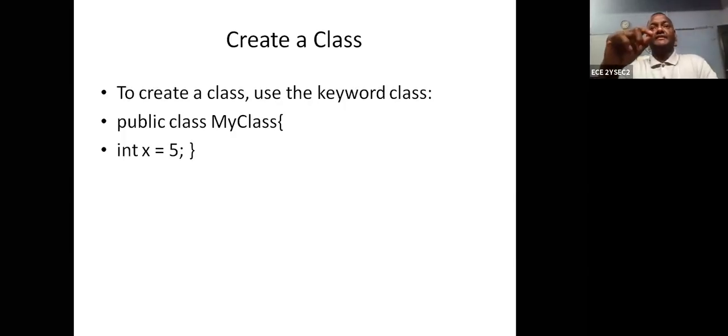For this class, you can give a name. The class may be public or static. Public means you can use it anywhere. Static means only this program can access it. So you mention public, which is called an identifier, and next the class keyword, and next the class name.